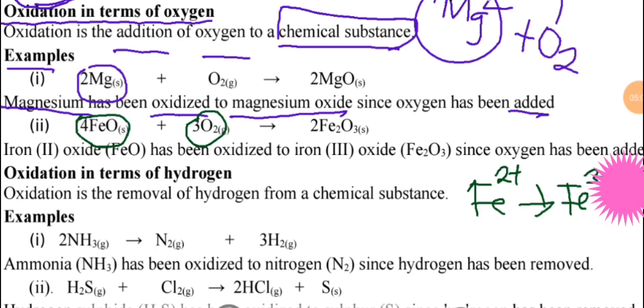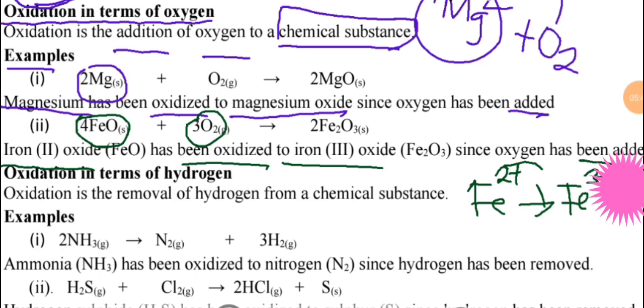So in explanation, we are saying iron(II) oxide has been oxidized to iron(III) oxide since oxygen has been added. That is very, very important. My dear learners, when you are oxidizing iron oxide, which has one oxygen atom, and you add more oxygen there, just know that you are going to increase the oxidation number of iron. Iron is a transition element.